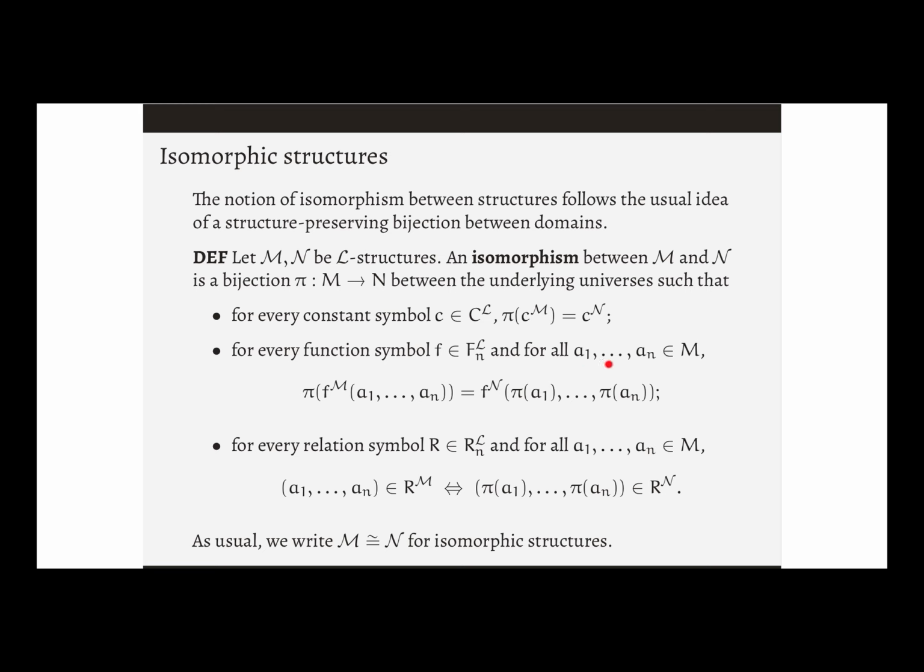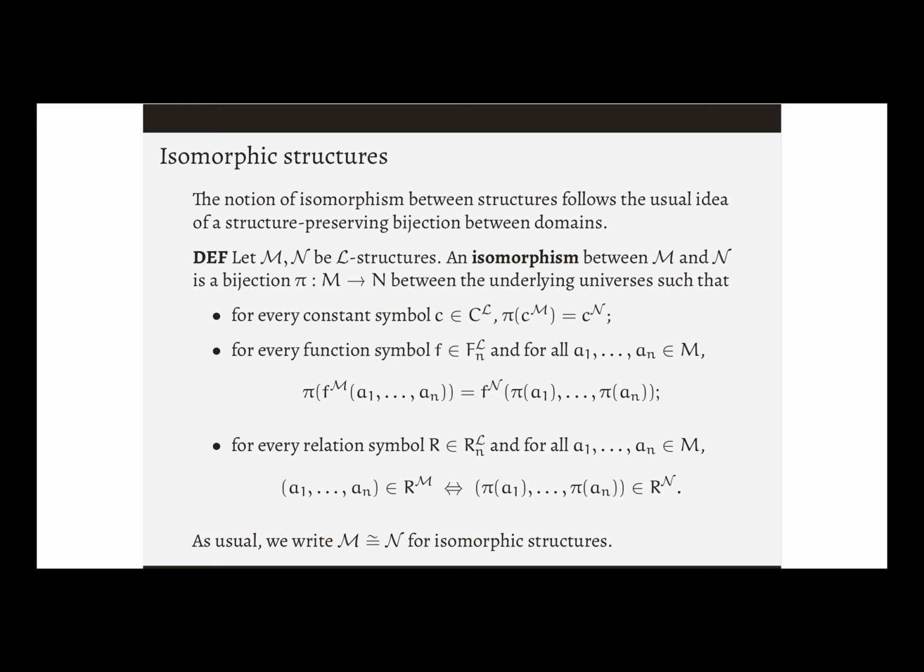Whenever I give you a tuple, so let's assume we have an n-ary function, and I give you a tuple of n elements in M, then the value I get by applying the interpretation of the function symbol f in M to that tuple and then mapping it over to the N side is the same value that I would get by first mapping over these values, the a_i, over to the N side and then applying the interpretation of the function symbol f there.